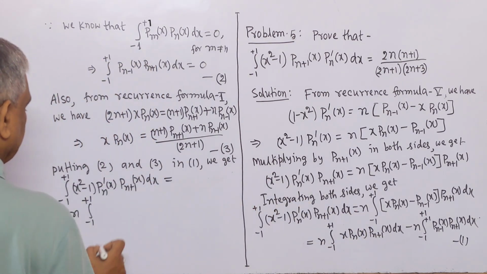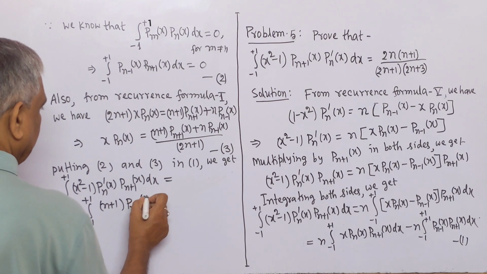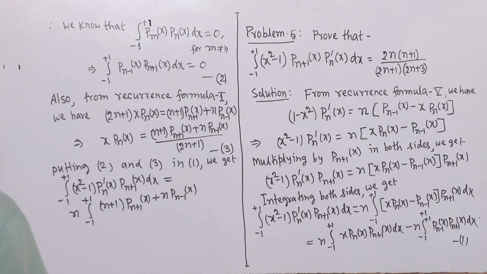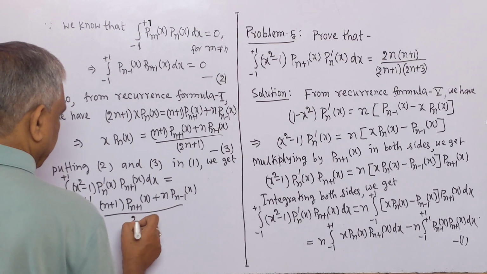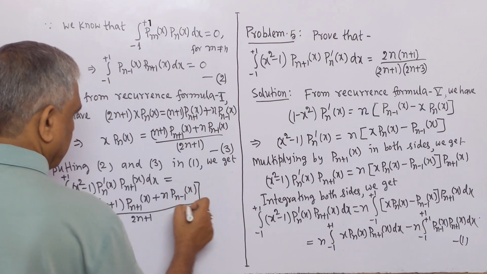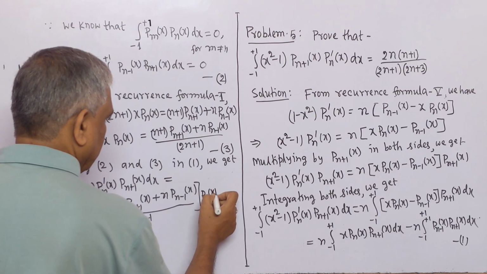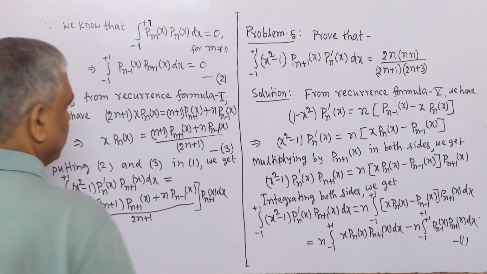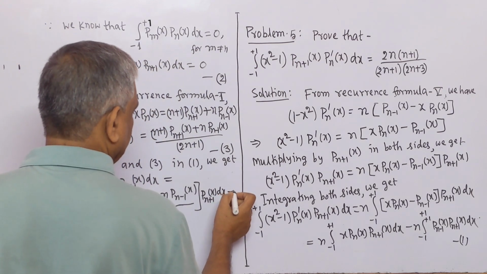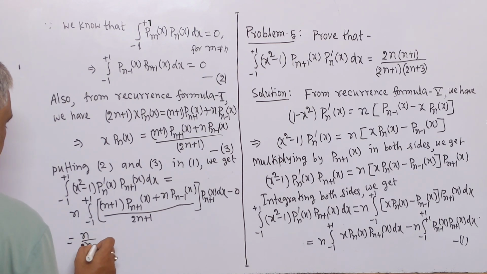Here from 3 we write [(n plus 1) Pn plus 1(x) plus n Pn minus 1(x)] by (2n plus 1) multiplied by Pn plus 1(x) dx, and from 2 this term vanishes, means minus 0, equal to n by (2n plus 1).